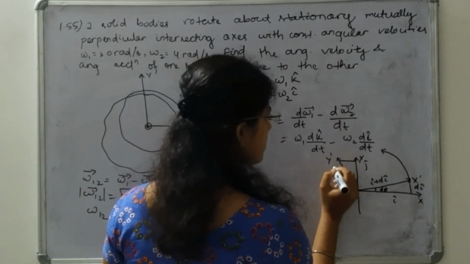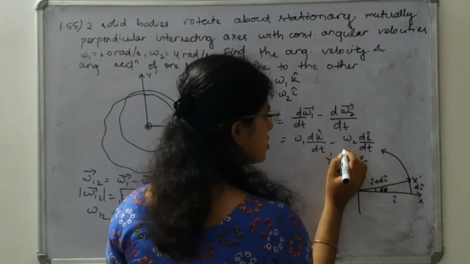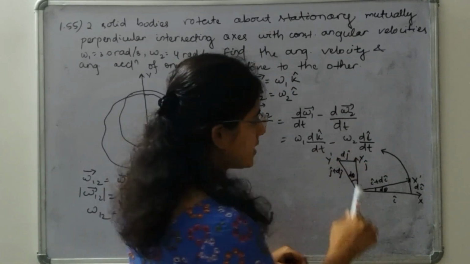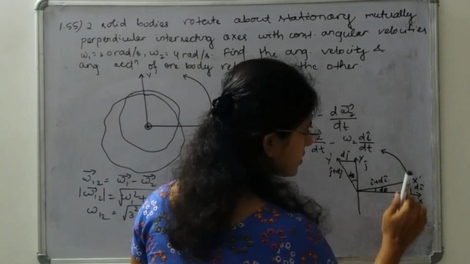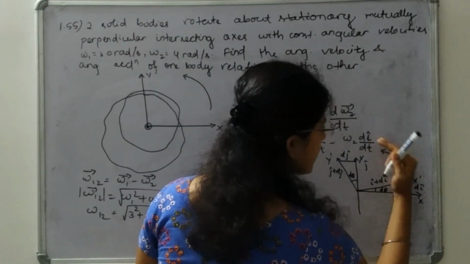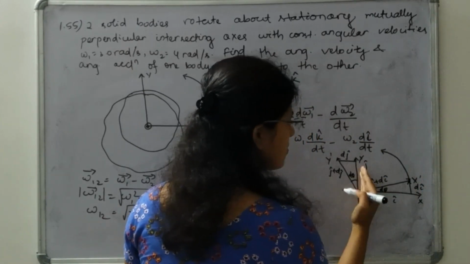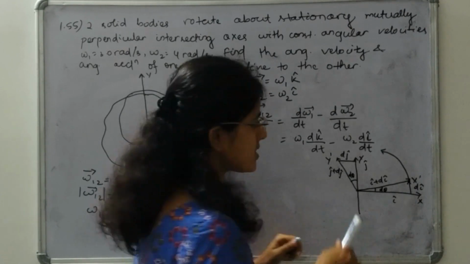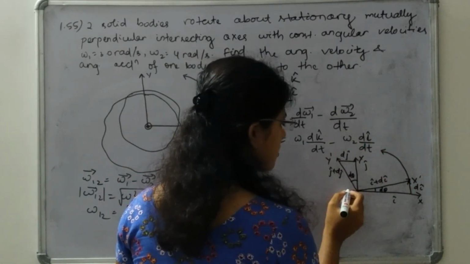So this is j cap plus d j cap. So the shifting vector is d j cap, that is, this vector is d j cap. And if you can see, d i cap is moving in this direction, which means the direction is parallel to j cap. Similarly in case of d j cap, the direction is how much?